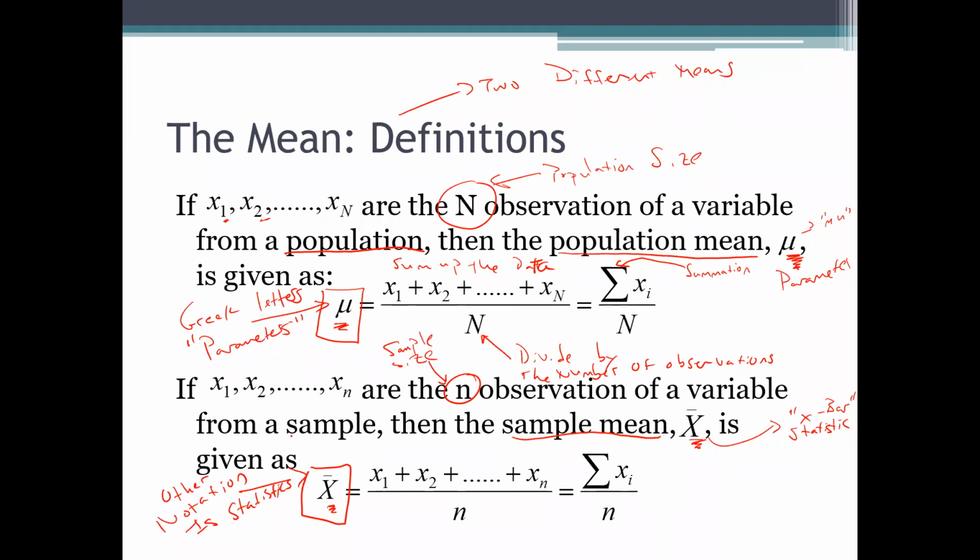Whenever you calculate anything from a sample, that's referred to as a statistic. Oh, okay, thank you. Now I understand. No problem. Terminology and definitions are the hardest part of the initial stuff. Taking an average is easy, but understanding the intricacies of notation and definitions is the hardest part. So that's okay.